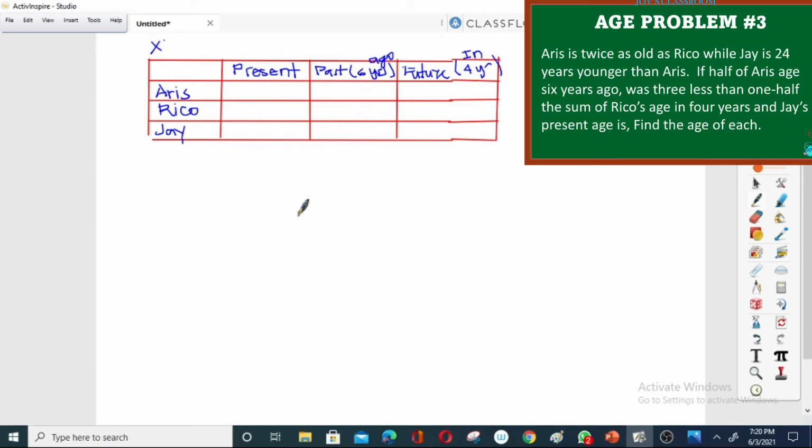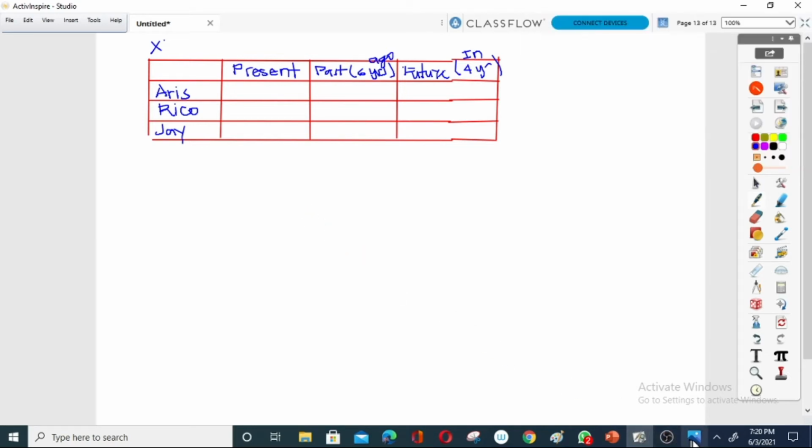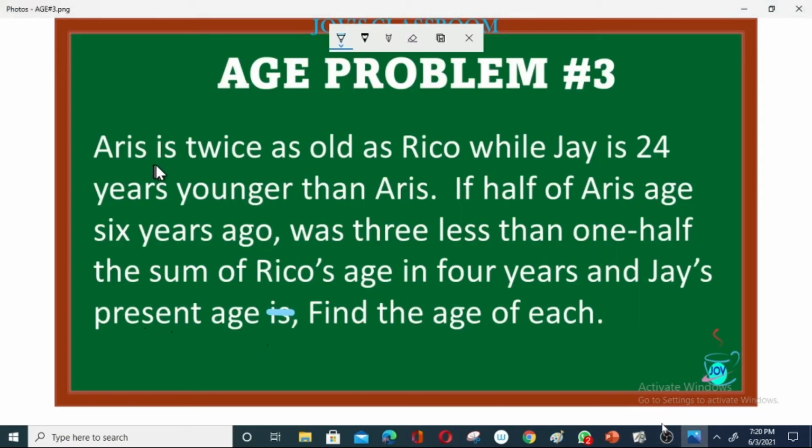Okay? Now the next step, who will be the X? As I said a while ago, X should be the person who is not described in the problem. So if you read this one, Aris is twice as old as Rico. Aris is being described because he is twice as old. While Jay is also described because the problem says he is 24 years younger.